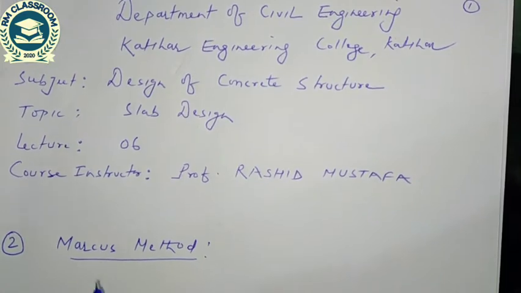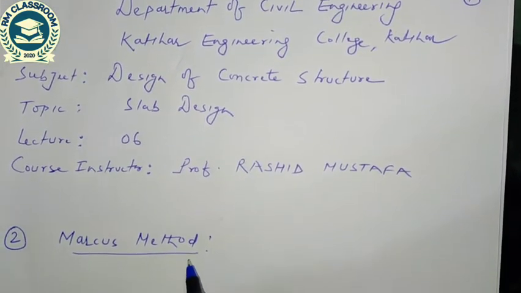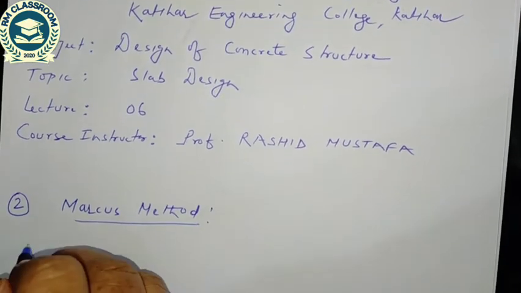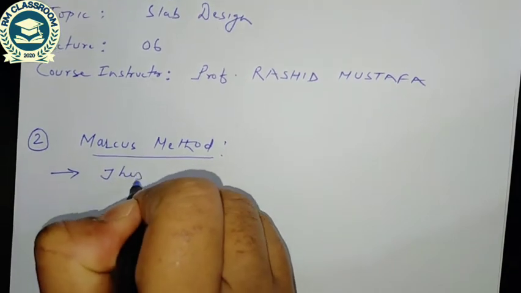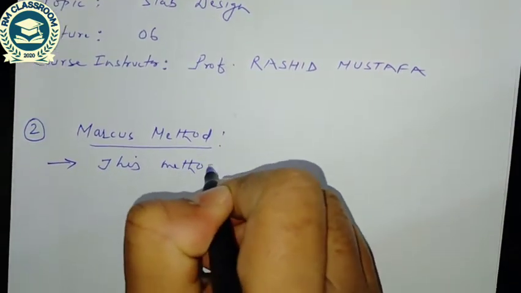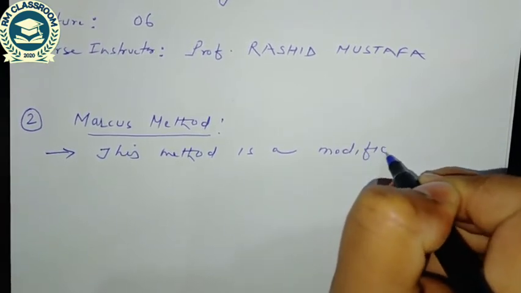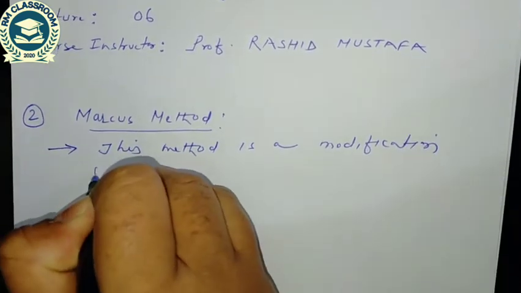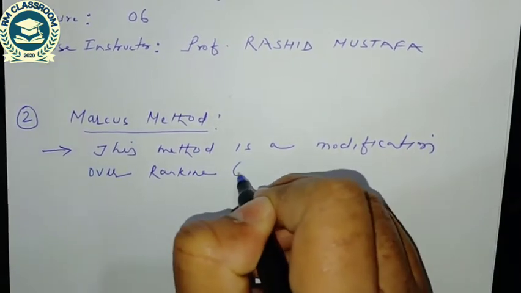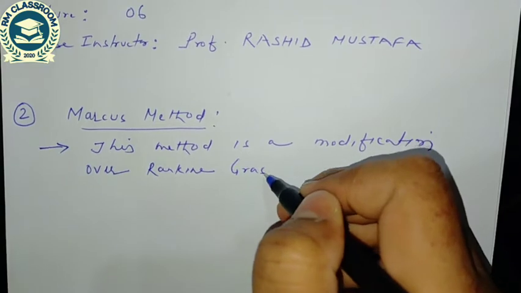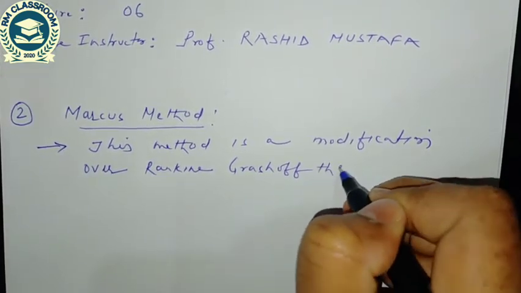So let me explain what the Marcus method is. As I told you earlier, the Marcus method is a modification over the Rankine-Grashof theory.